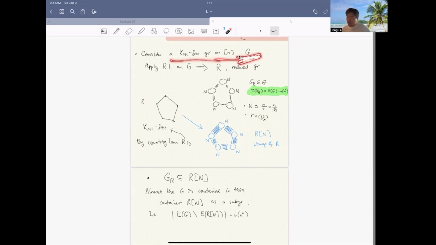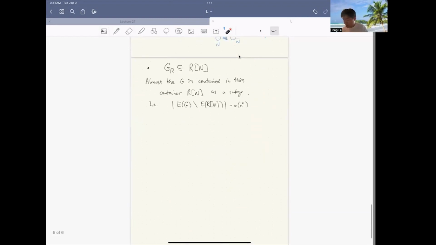So that means if you want to count all K_{r+1}-free graphs G, you just need to take those containers. The number of these containers, the blow-ups R[n], is the same as the number of choices of R. What's the number of choices of R? It has R vertices, which is bounded, so the number of choices of R is also bounded. Let's write it.